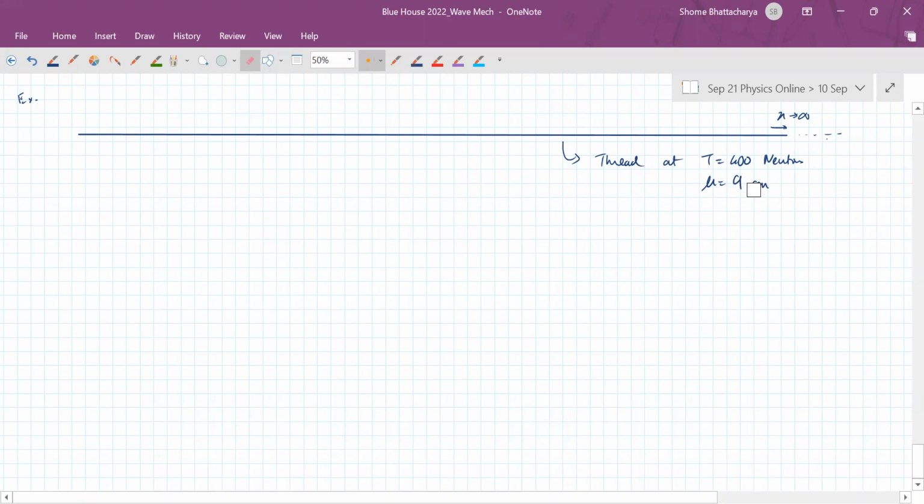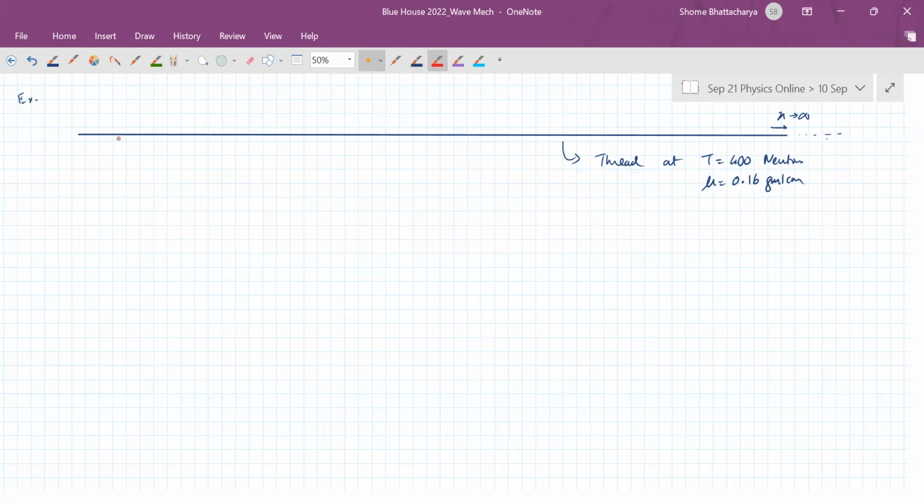And it has a linear mass density of, let us say, let's just say the linear mass density is, it's a very light string, as you can see.